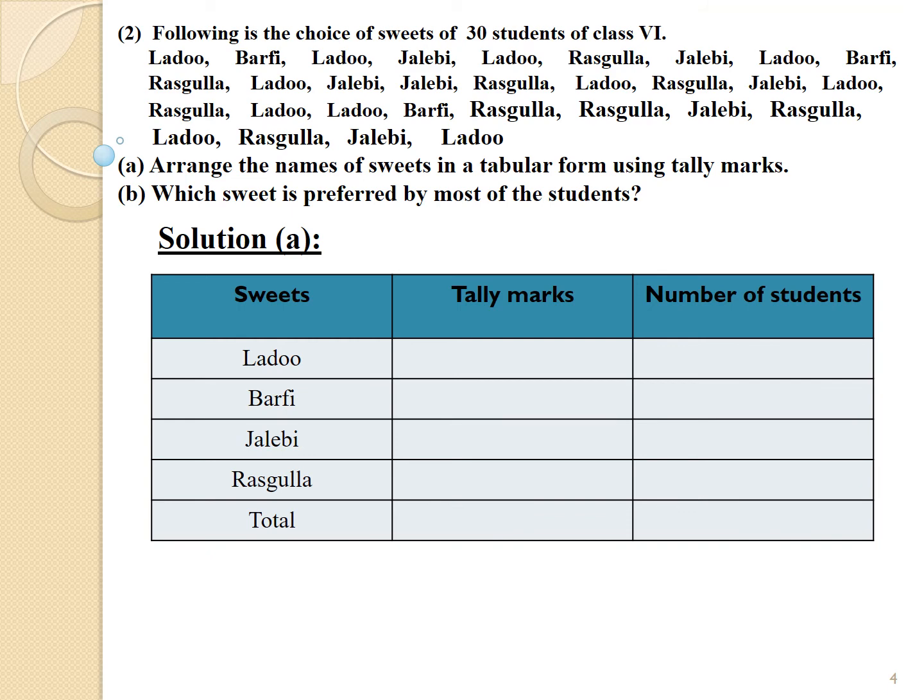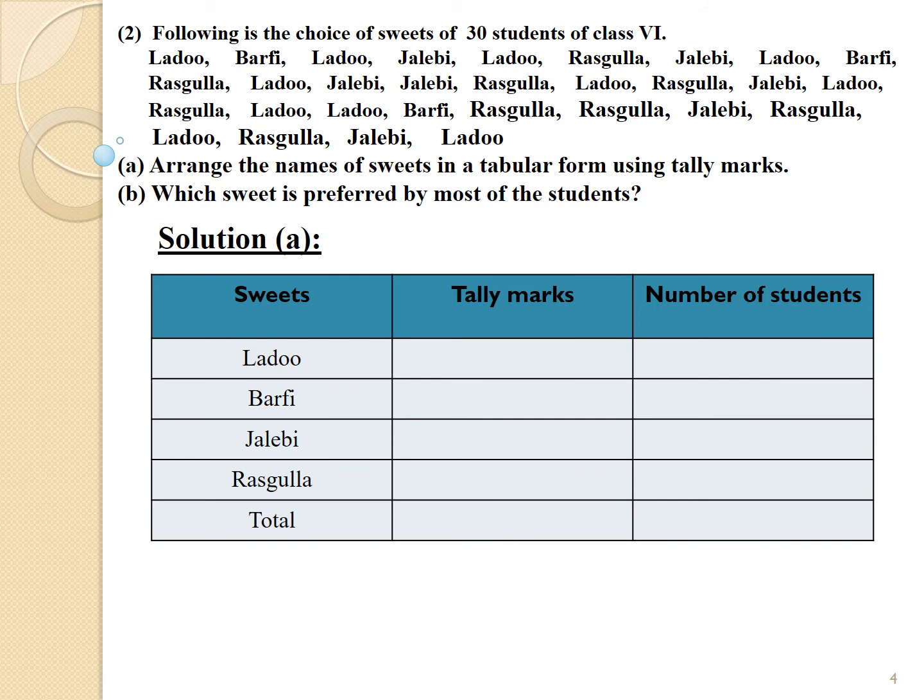It is given to you that arrange the name of sweet in a tabular form using tally marks. It means that you have to write the names of sweets given to you like laddu, barfi, jalebi and rasgulla only one time, and in front of each sweet in the second column you have to draw a tally mark.